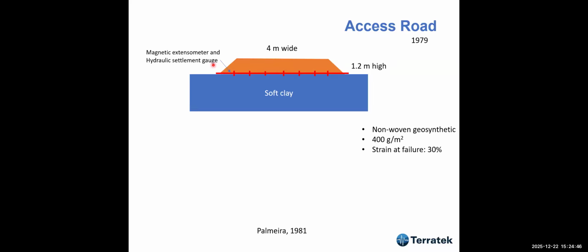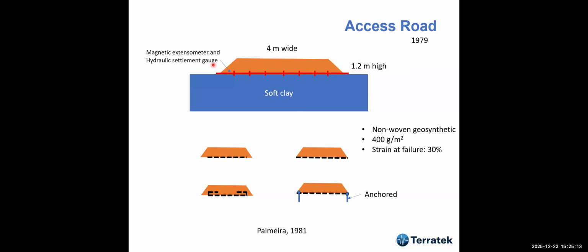The mass per square meter was 400 grams per square meter, and the strain at failure was 30%. And this we used in many different ways of applying. This was Professor Palmeira's MSc thesis in 1981.